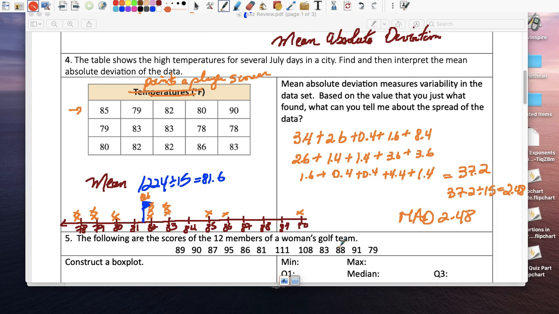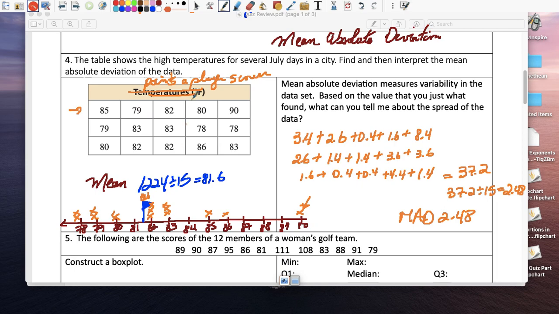If his average is 81.6, do you think he's going to always score around that number? Yeah, there's not too much variability, right? This 90 makes the spread look like a little too much, but it was only once that he got to 90, right? So most of the time, he sticks around 81.6.